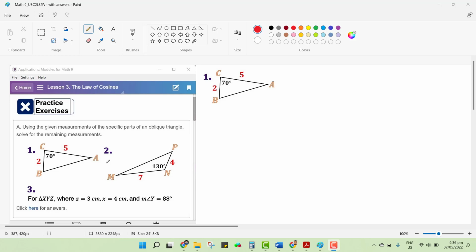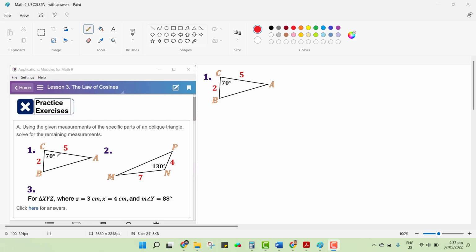In these specific situations, we can no longer use the law of sines since the law of sines makes use of the ratio and proportion of pairing the given angle to its opposite side. If one angle is given with a measurement and the value of its opposite side is also given, we can solve for the rest.